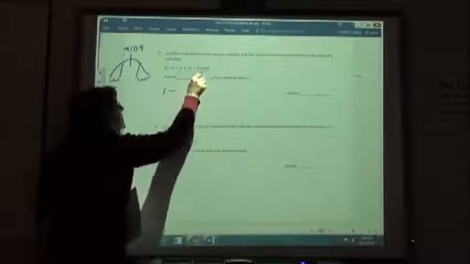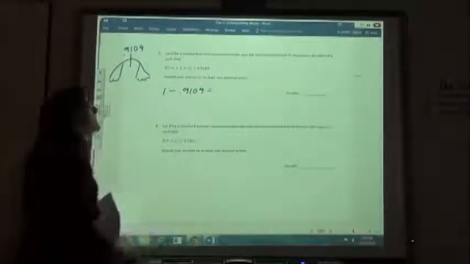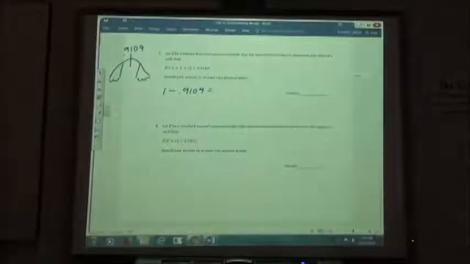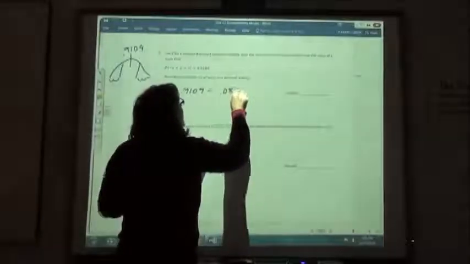So we're going to start off and do 1 minus this value here, 0.9109. If you do 1 minus that number, you get 0.0891.